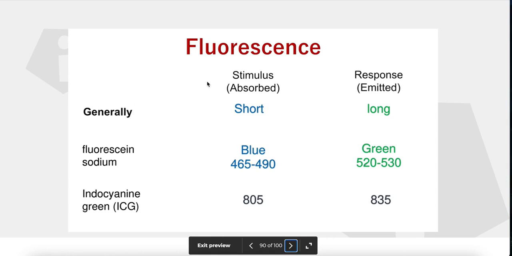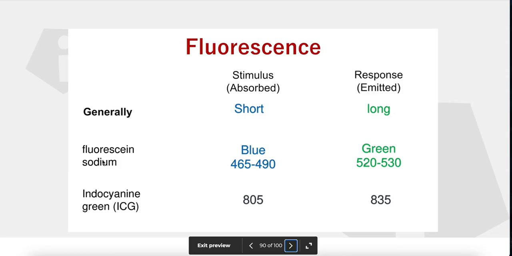Generally speaking, fluorescence is when the stimulus, or the light that is absorbed, is of shorter wavelength, like blue. This fluorescent material will emit longer wavelength, like green, and this will stop as soon as the stimulus is stopped. So what is the spectrum of fluorescein sodium?